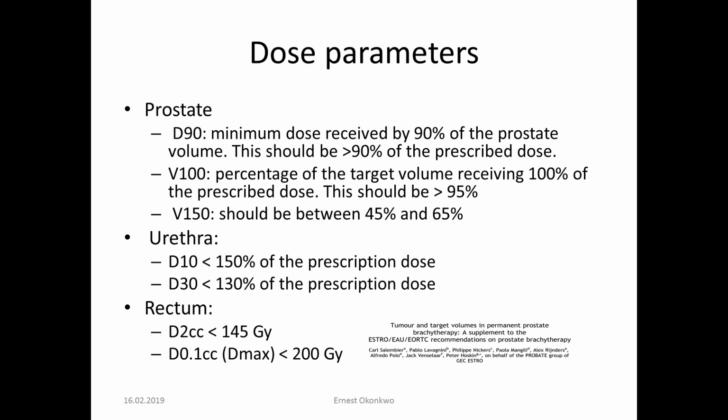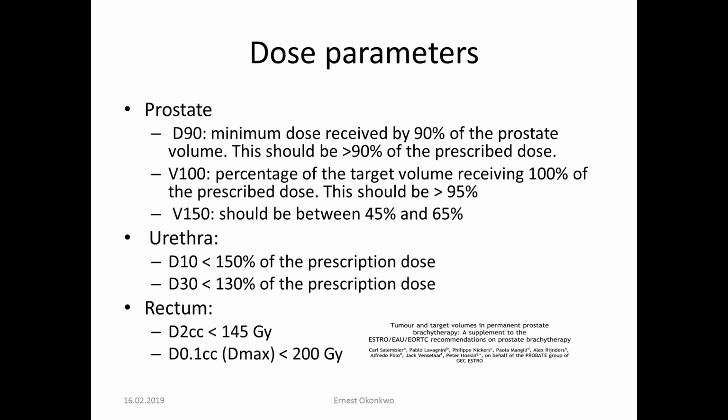The dose parameters that we use: the D90, which is the minimum dose received by 90% of the prostate volume, should be greater than 90% of the prescribed dose. V100, the percentage of the target volume receiving 100% of the prescribed dose, should be greater than 95%. The V150 should be between 45% and 65%.